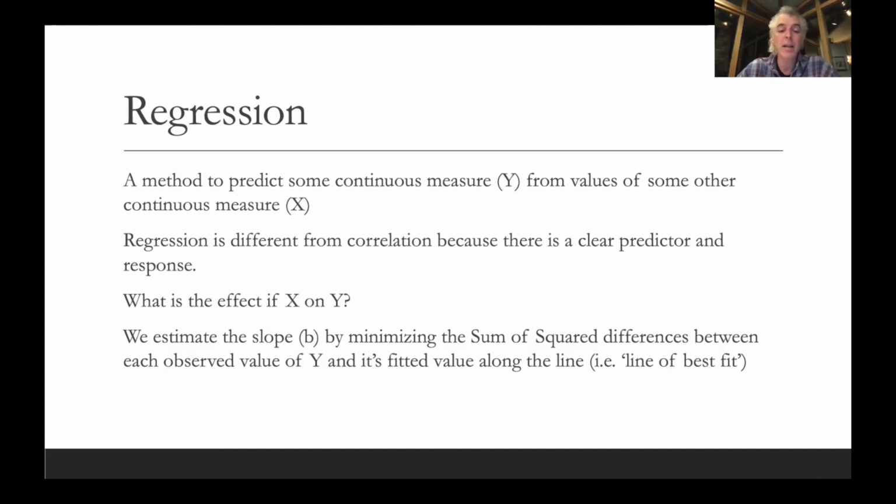And we estimate the slope in our regression by minimizing the sum of squared deviations between each observed value of y and its fitted value along the line. And this is what we mean by creating a line of best fit, the line that best fits the data, and the measurement that we use as a measurement of fit is the sum of squared deviations between each observed value and the fitted value.